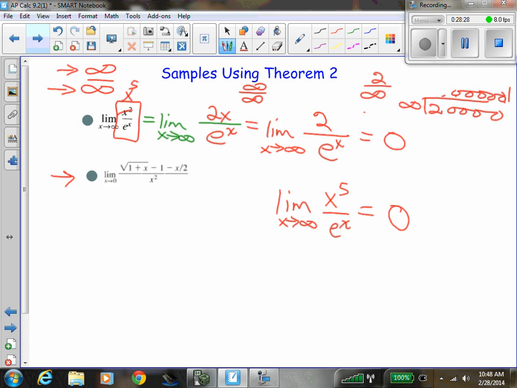Okay. Now, let me ask another question, because sometimes if you think before you start your pencil writing, what's the maximum number of times we could wind up taking a derivative in this one? Or what's the maximum number of times we could apply L'Hopital's rule?